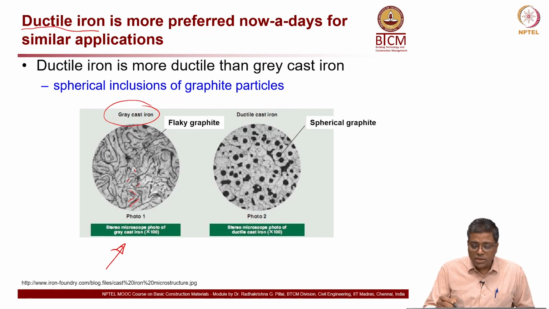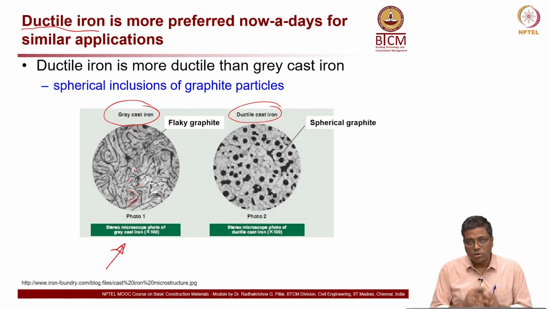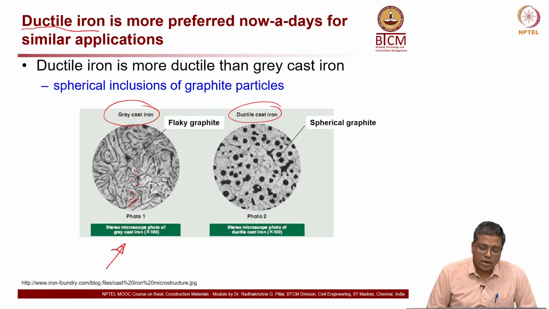and that is why it has very high brittleness. Whereas on the ductile cast iron on the right side, you will see that they have this spherical graphite or globular graphite. Okay, so in such a microstructure, crack propagation is not as easy as in the case of a cast iron where it has flaky graphite.